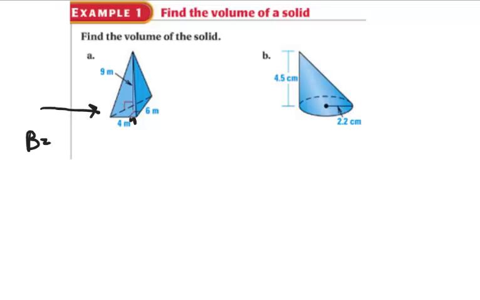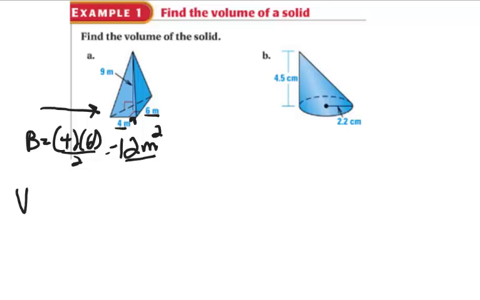Since it's a right triangle, one of these is my base and one of these is my height. So I'm going to get 4, 6, and divide by 2. 4 times 6 divided by 2 is going to be 12, and that's meters squared.